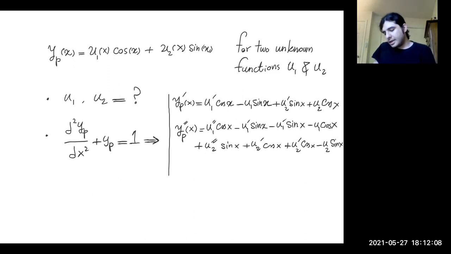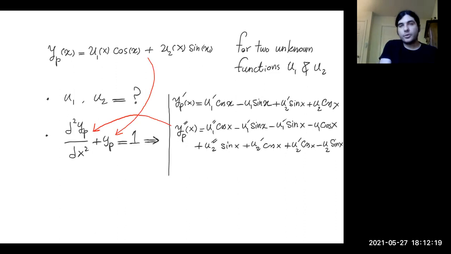Now I can plug these two into the equation. I can plug in the second derivative here, and I can plug in y itself here, and let their sum be equal to 1, and see what kind of equation I would get for u1 and u2. Hopefully I can solve that to find u1 and u2.